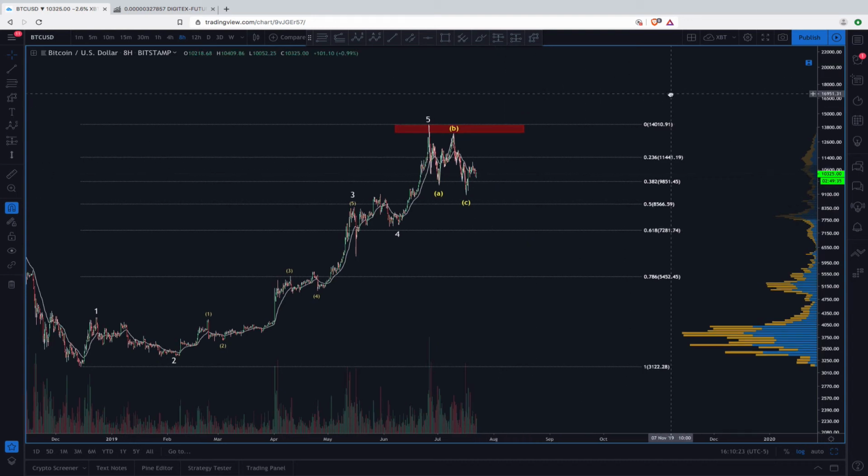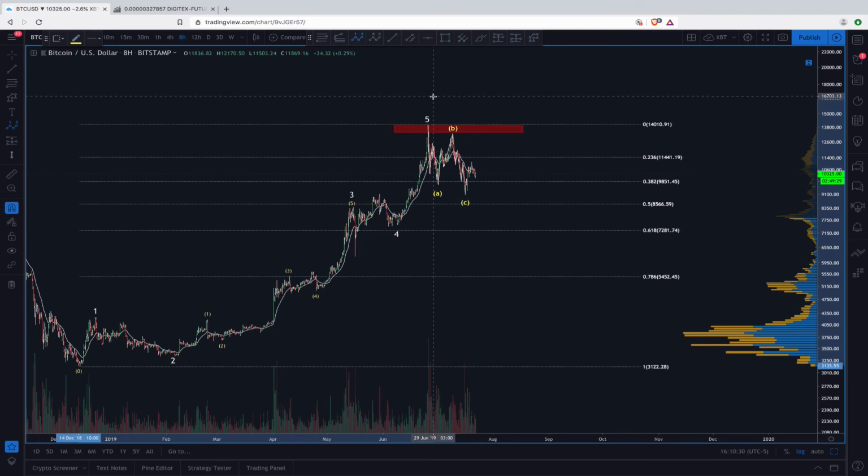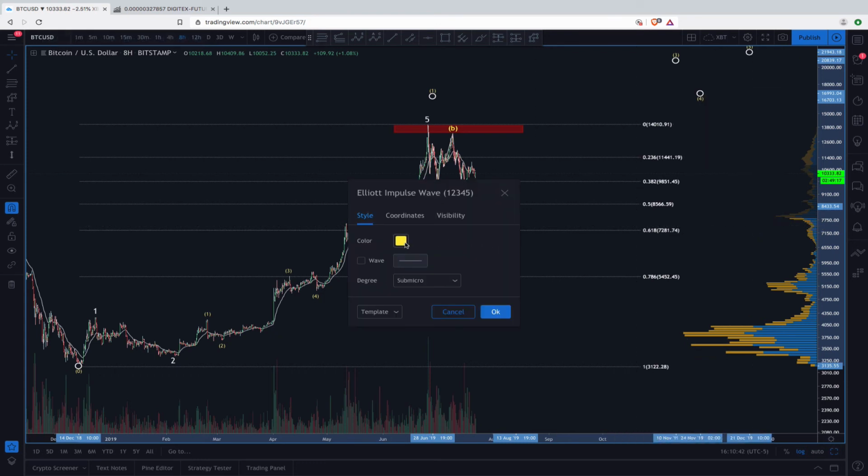So ultimately what we would end up with is something like this, where we have a higher degree 1, 2, and the 2 would come down here, and then we still have a 3, 4, 5, which will probably carry us into a multi-year bull market. Now let me just change this so we can see it a little bit better. So we'll just make this the primary.